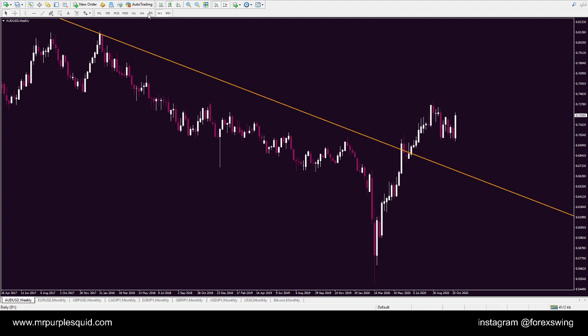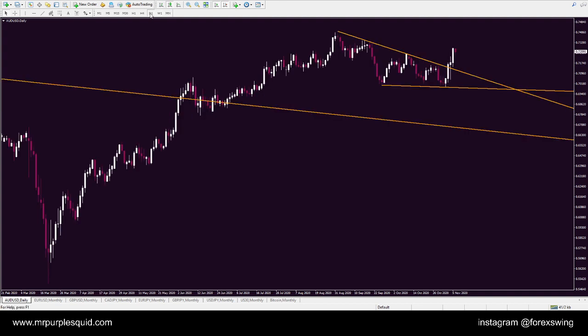Nothing to report about. On the daily, we could disable this one, keep it on the monthly and the weekly. And this was from last week.